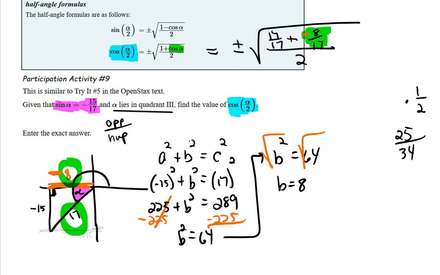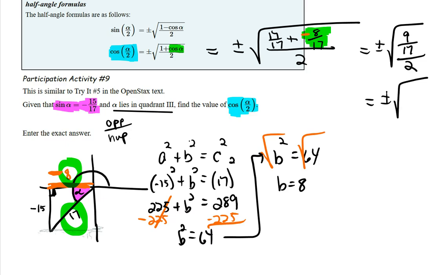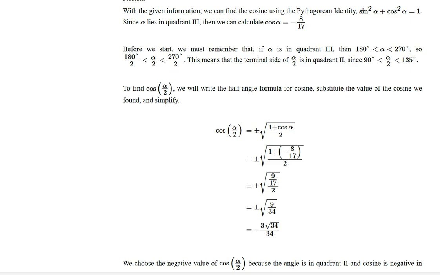So 17/17 and a negative 8/17 would be plus or minus the square root of 9/17 over 2. But dividing by 2 is the same thing as multiplying by 1/2. So that'd be plus or minus the square root of 9 over 34.